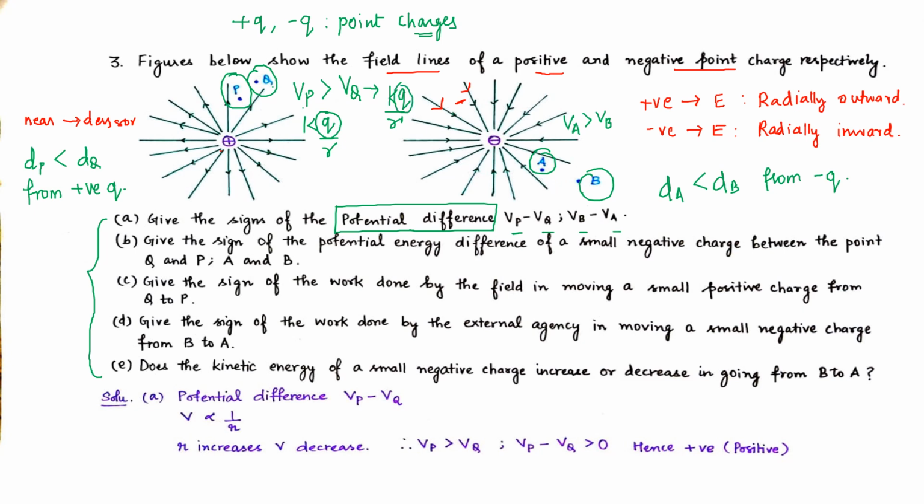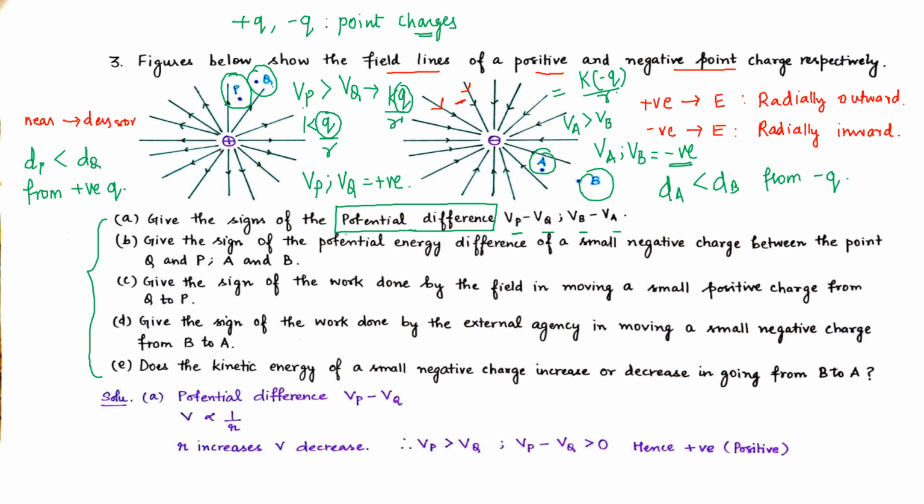Q is positive, so V_P and V_Q are positive. But in this case, the potential is given by the same expression, but our Q is negative. As our Q is negative, V_A and V_B both are negative, because the sign of potential depends upon the charge under consideration. So in the first part we need to find only the potential difference.